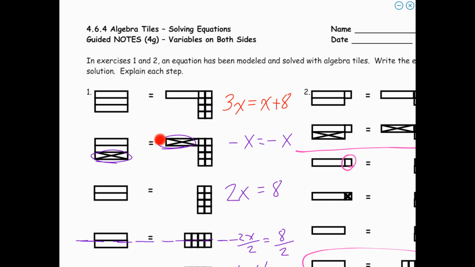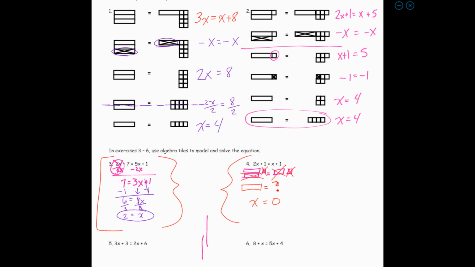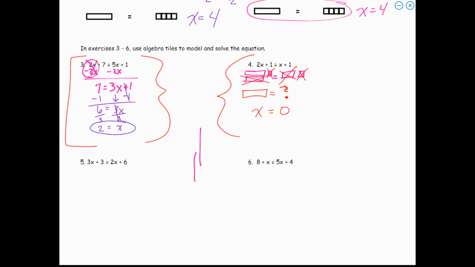The one that had more or the one that had less? More, right? So down here at the bottom, we still had more x's on this side. So which side's going to cancel completely out? This side with the 2.